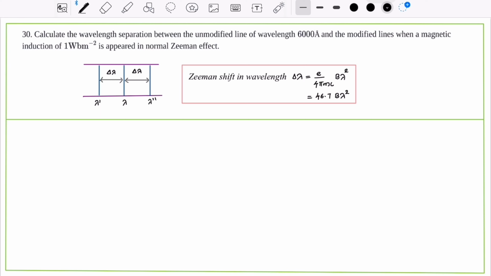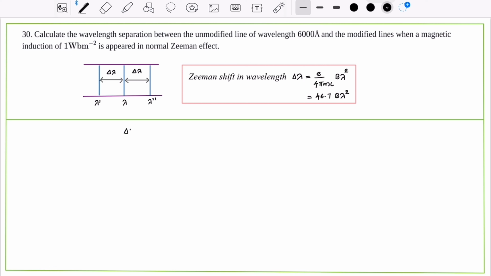In the present problem, we have to determine the Zeeman shift in wavelength. The Zeeman shift in wavelength is defined as the wavelength separation between the unmodified line and modified lines.